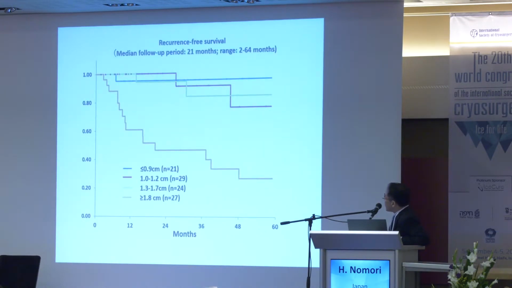The slide shows the recurrence-free survival of each tumor size: less than 0.9, and the red line shows 1.0 to 1.2. Green line shows 1.3 to 1.7. And the orange line is larger than 1.8. And as you can see, this is the 3 years line.